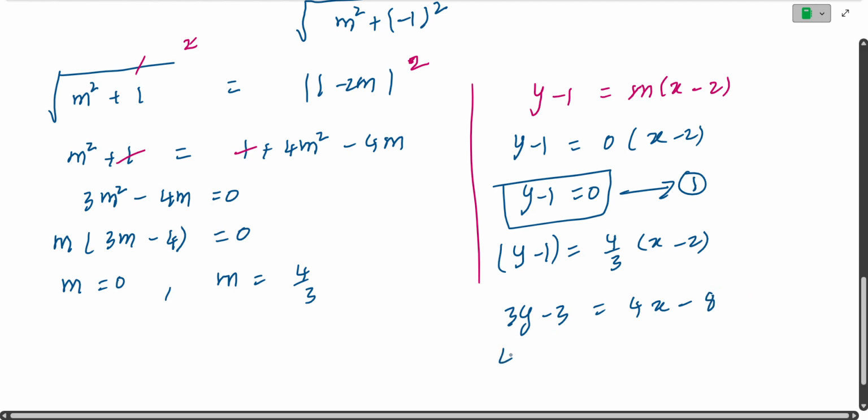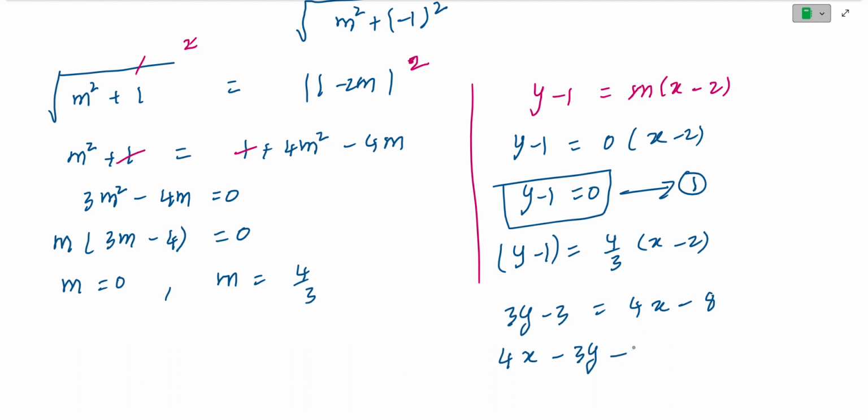So if I rearrange the terms, 4x minus 3y, minus 3 comes to the left hand side, it will become plus 3. Minus 8 plus 3 value is minus 5 is equal to 0. This is the equation of the second tangent.